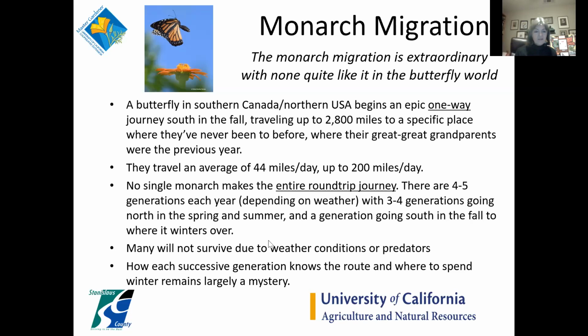They seem to know the route. This is the thing that amazes people: how do they know where to go when nobody taught them? They didn't have a parent that showed them the way. So it is a mystery and a marvel, just like their metamorphosis, how they can liquefy their bodies and change into a butterfly. Who can understand that? It's quite something.